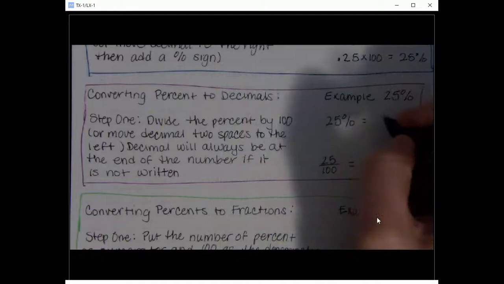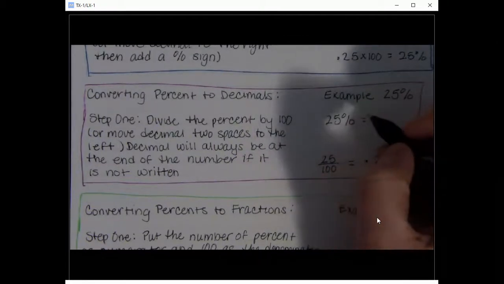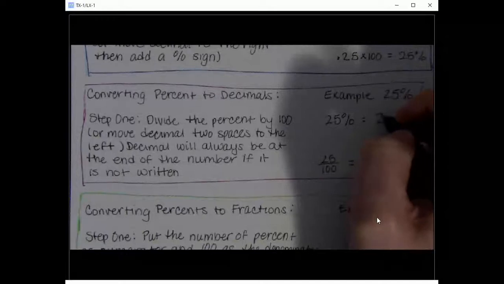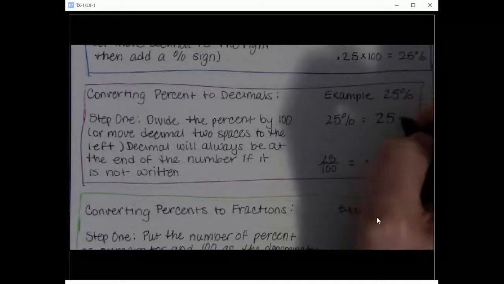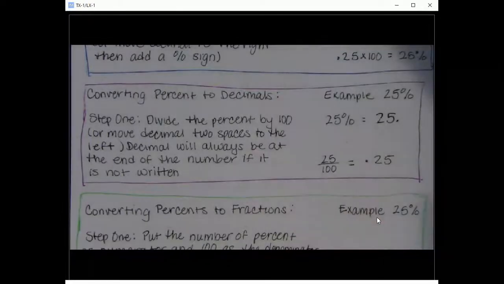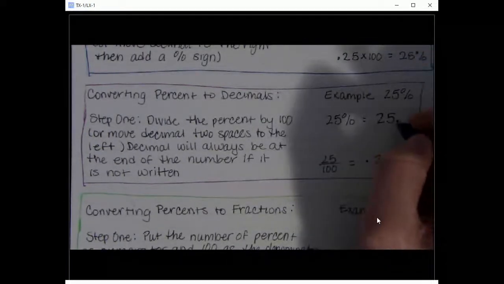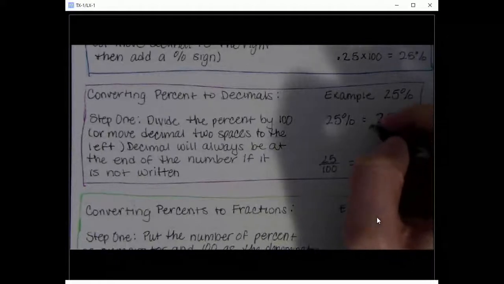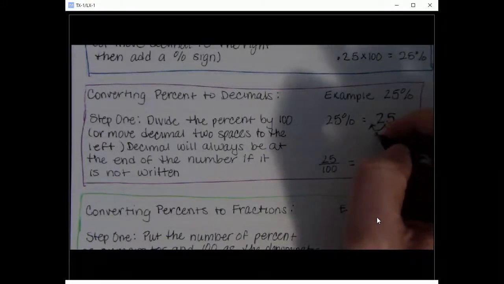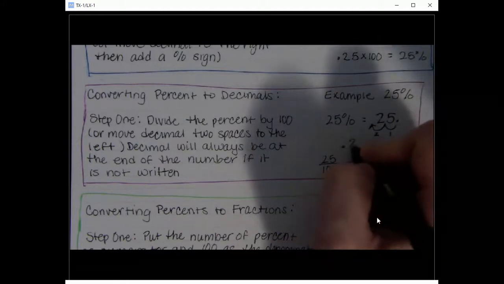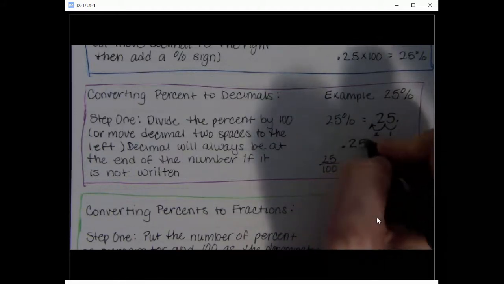So 25% can also be written with a decimal as 25 with that decimal at the end. And now we're going to take our decimal and move it twice to the left. 1, 2. Again, the little bunny hops. And that will give me an answer of 25 hundredths.